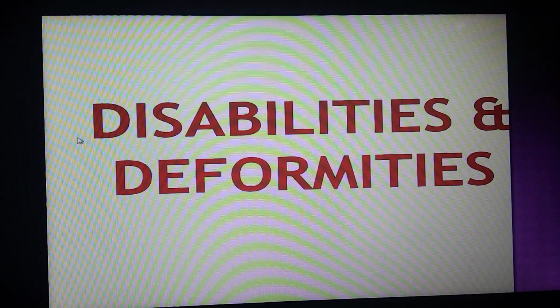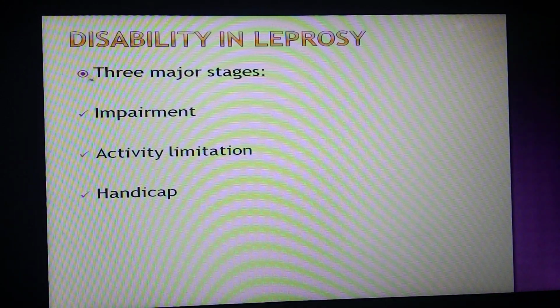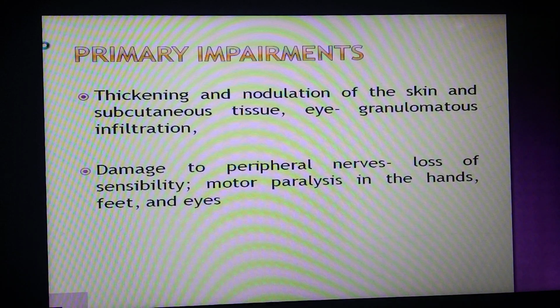Next we have disabilities and deformities in the case of leprosy patients. The disabilities in leprosy patients have 3 major stages. The first stage is impairment. Later we have activity limitations, and at last handicap. These were the disabilities in the case of leprosy patients.